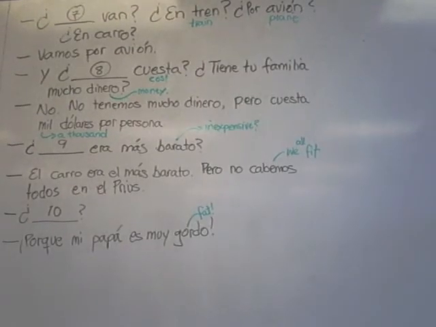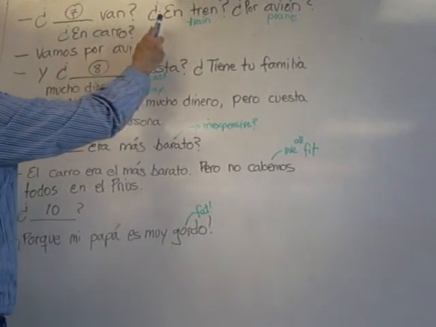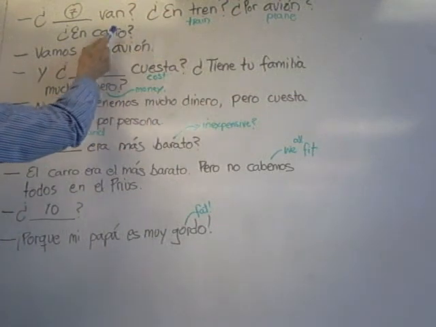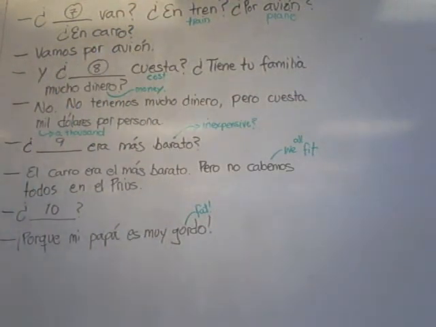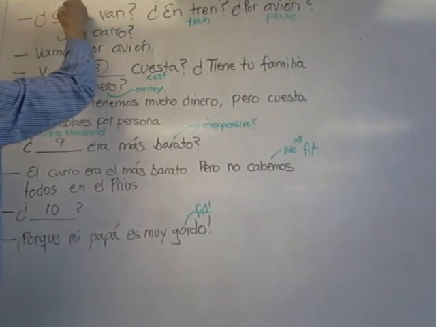Okay. Van, you're all going, en tren, by train, en avión, by plane, en carro, by car. He answers, vamos por avión. We're going by plane. He's answering, oh, how are you going? ¿Cómo van?